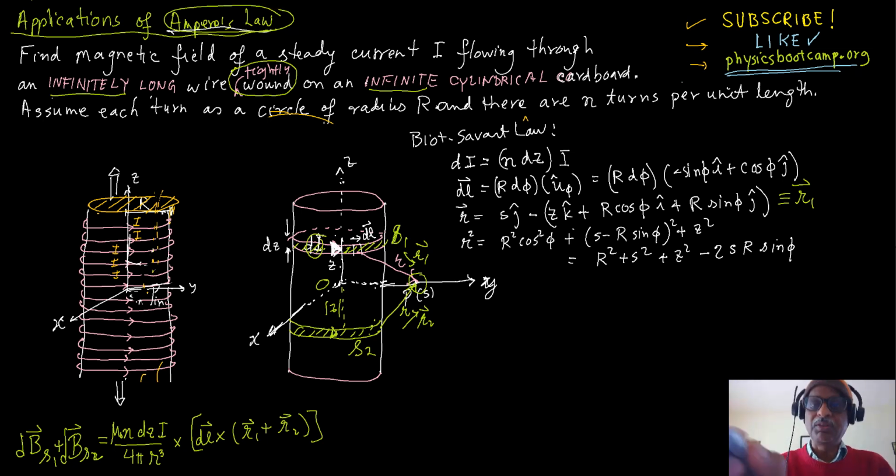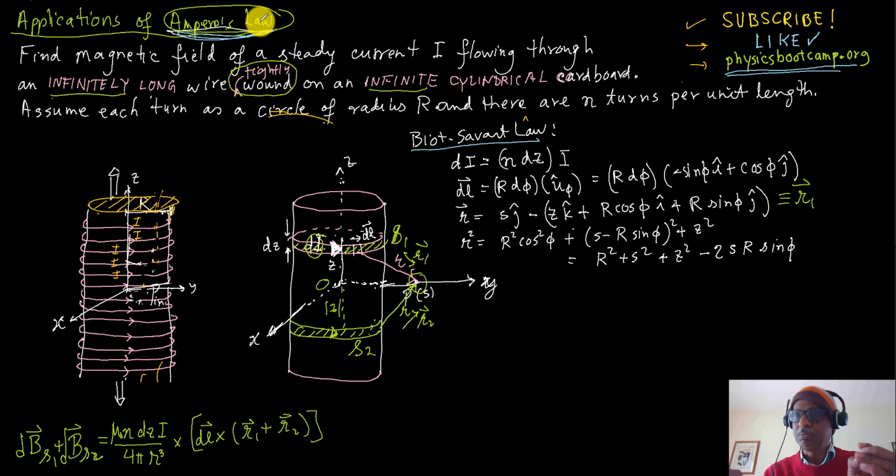A lot of people don't realize that you really need this before you get to Ampere's law application. You've seen people jump right into the loop and you may wonder how they got that loop. Well, that Amperian loop is based on expectations from applying Biot-Savart law, and that's what I'm going through right now.